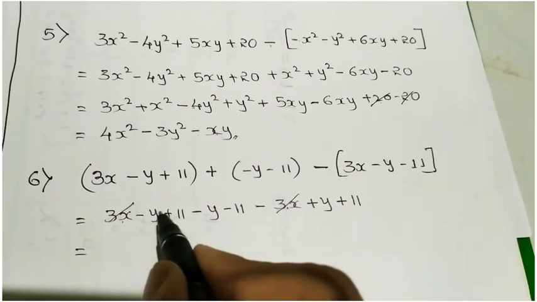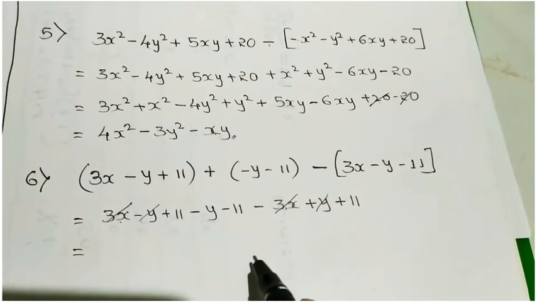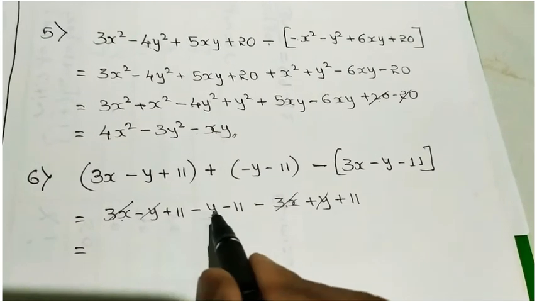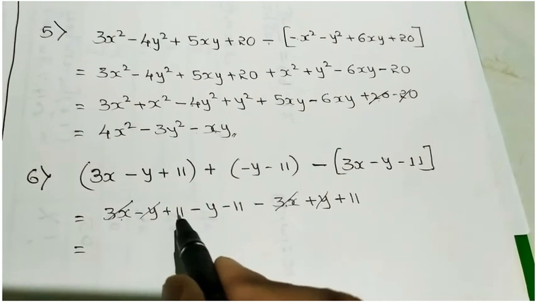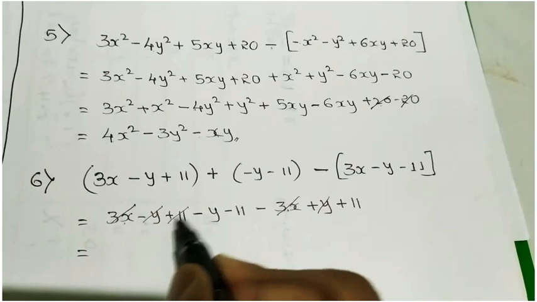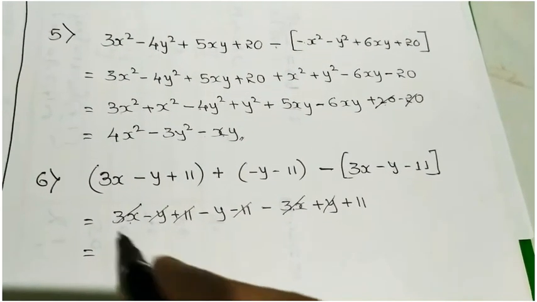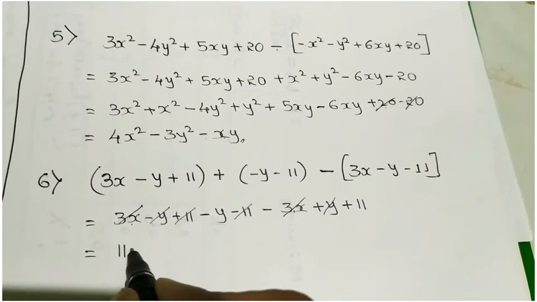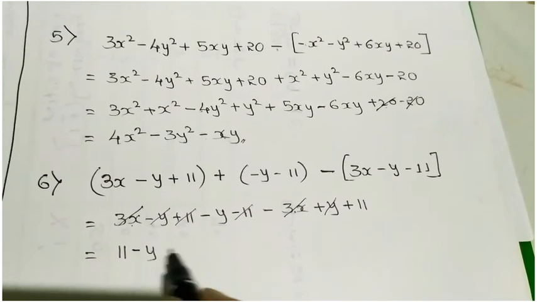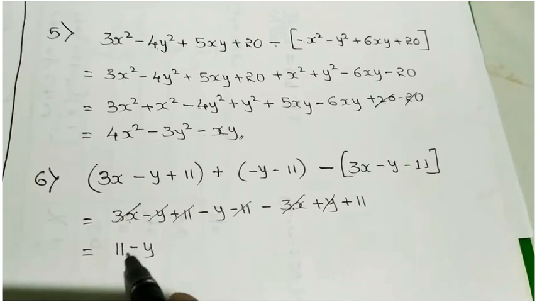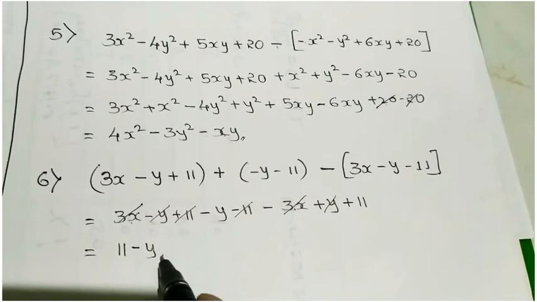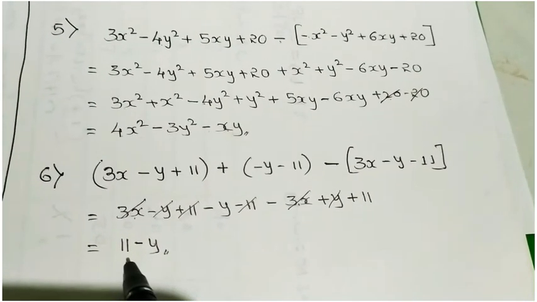Okay, in this 1y minus 1y will get cancelled. Okay, what is left? Minus y. And here 11 minus 11. Okay, those also get cancelled. What is left? Plus 11 minus y. So here we will get the answer 11 minus y. Okay, write the positive number first, afterwards the negative number. Okay, so our final answer will be 11 minus y.